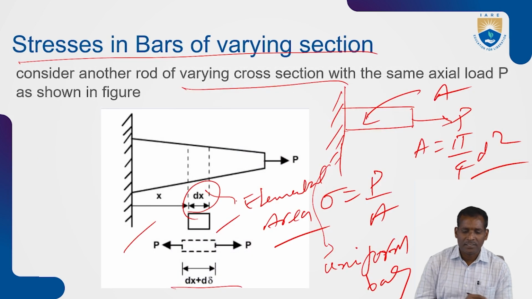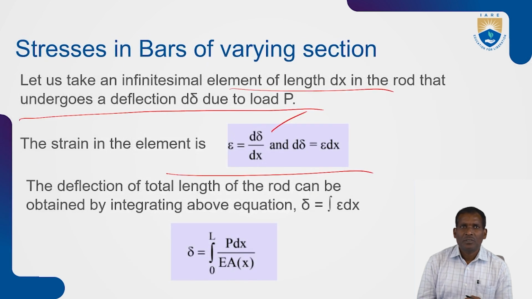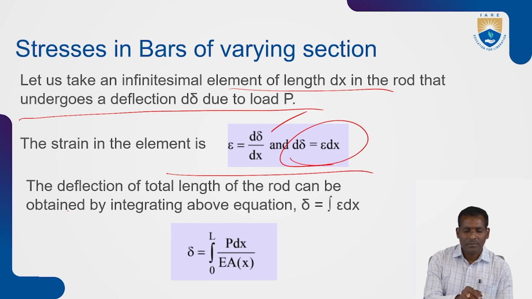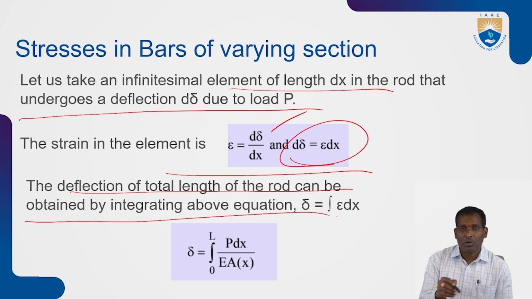So d delta is equal to epsilon dx, where epsilon is the strain in the element. The deflection of the total length of the rod can be obtained by integrating the above equation.